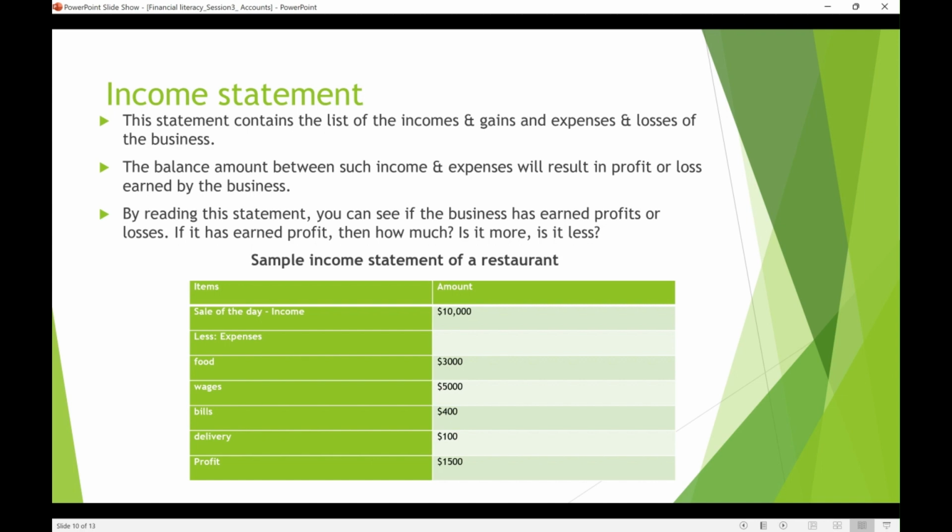On a particular day, the income for the business is $10,000, and then we deduct the expenses, like food, wages, bills they paid, delivery, everything, and that gives a net profit or loss. If it's plus, like $1,500, it's a profit, and if it's less than $0, it's a loss.